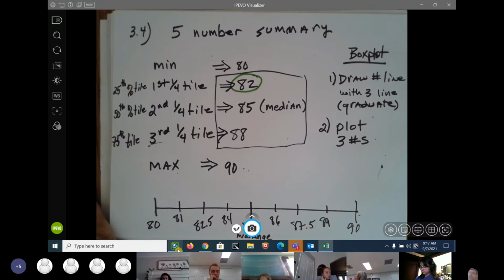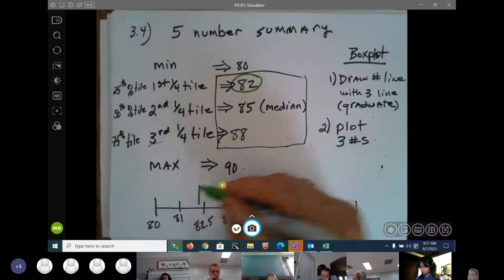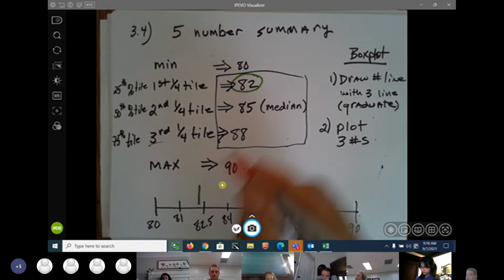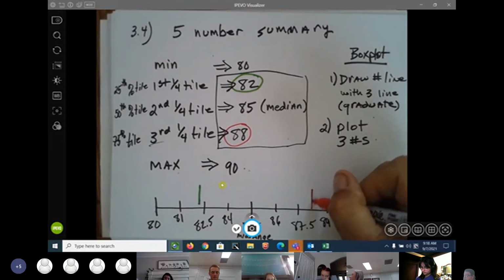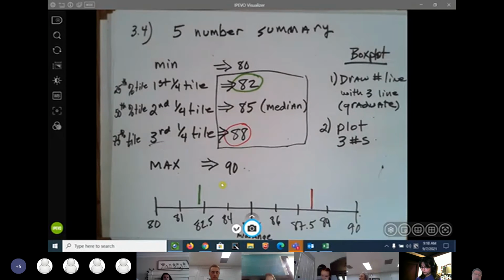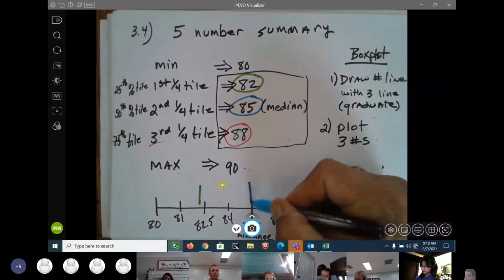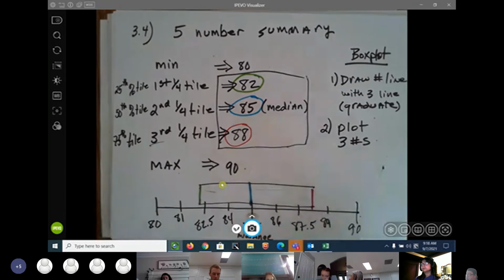Sorry. 82 is going to be right in here. 88 is going to be right in here. And 85 is going to be right in here. And there is your box plot. That's how you do a box plot.